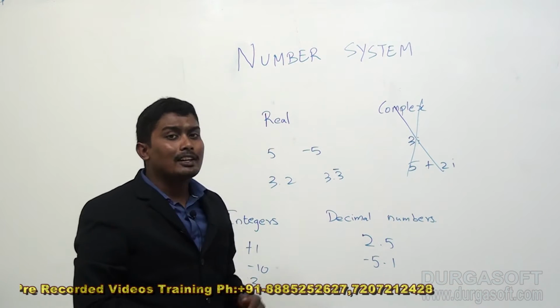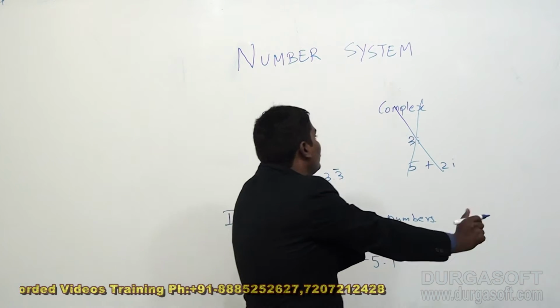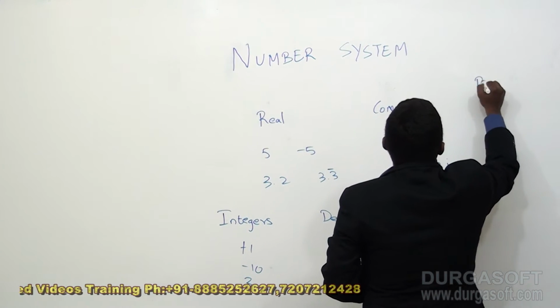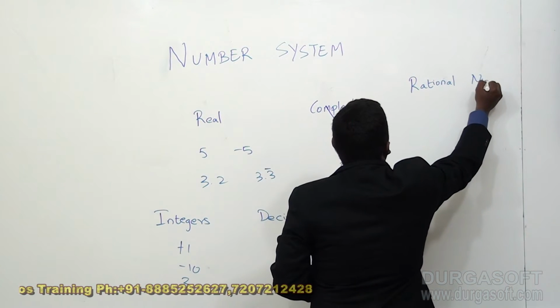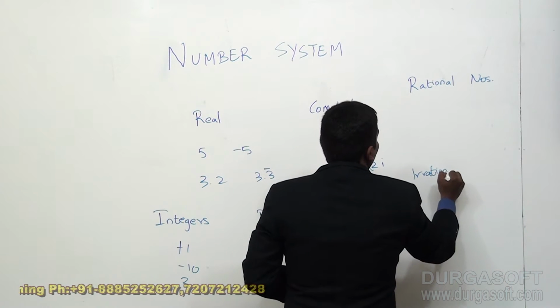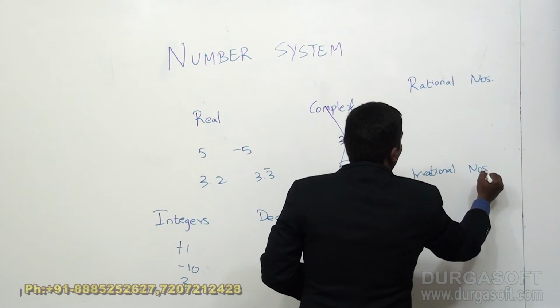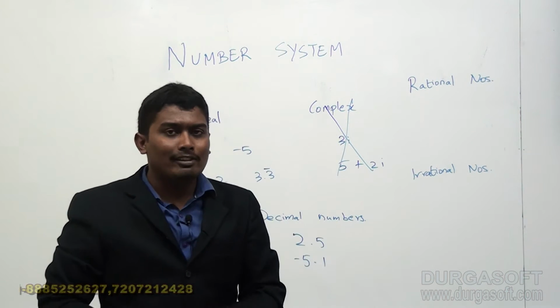Apart from this, there are other classifications that you should be knowing about. So the other classifications are rational numbers and irrational numbers. So what is a rational number? A rational number may be a positive or negative number.